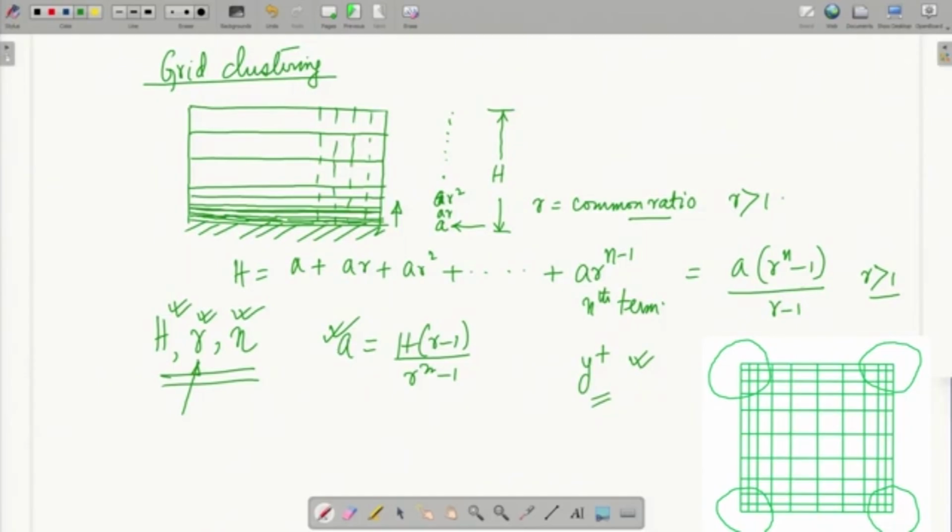One is that we are applying the grid clustering both on top and bottom walls. Again, we are doing it on the left and the right walls. That means, if you use this method, then this method has to be used repetitively as you approach each wall, so that you can get proper grid clustering in the corner regions especially.